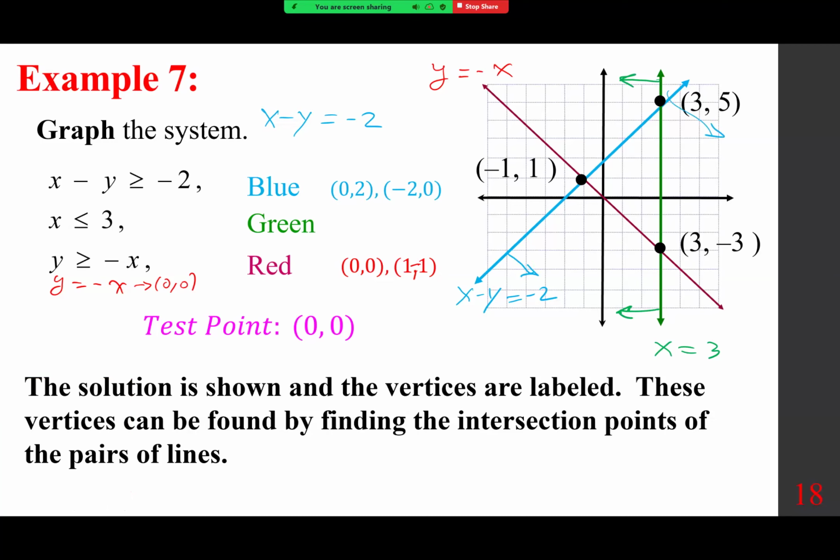And I'm not shading it because it can make it difficult when we have too much. And let me use a red one. And for this one, the answer is this way. And all you have to do is check with the test point. So if you put them all together, they come together in this little triangular shape. And this is used in applications a lot, especially the corners are important sometimes. So that is known as a feasible region.